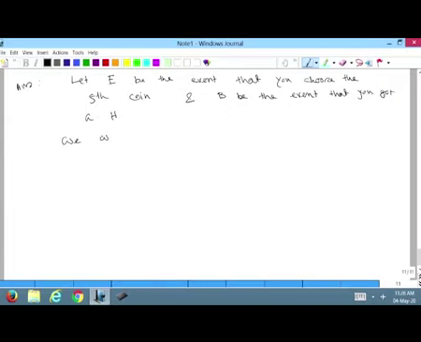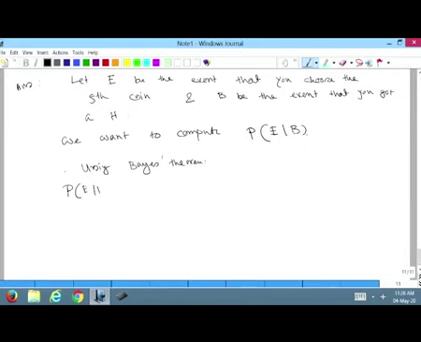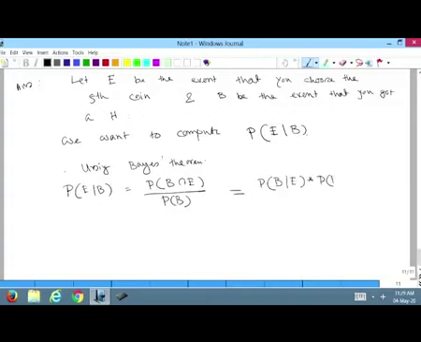We want to compute probability of E given B. Therefore, using Bayes' theorem, probability of E given B is equal to probability of B intersected with E divided by probability of B is equal to probability of B given E multiplied by probability of E divided by probability of B.